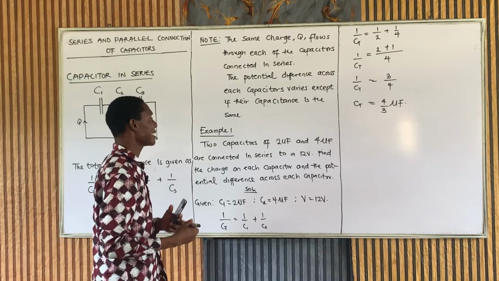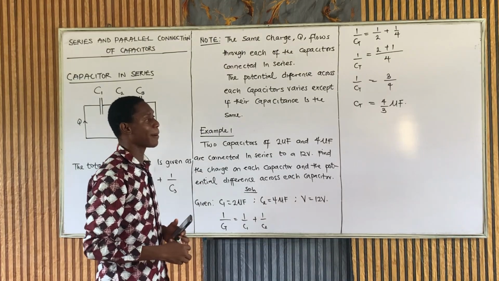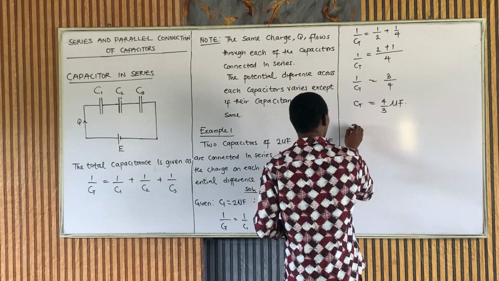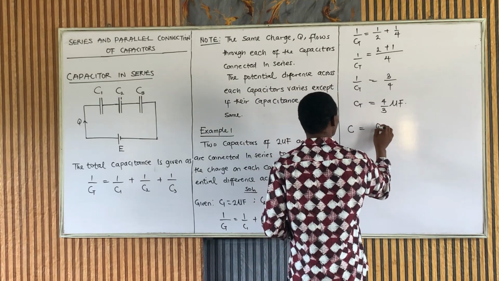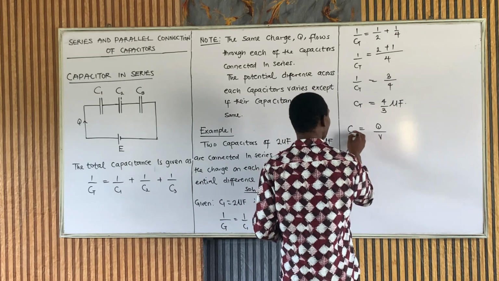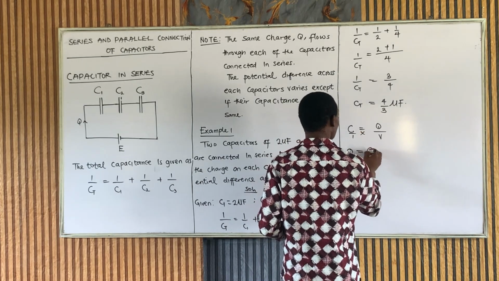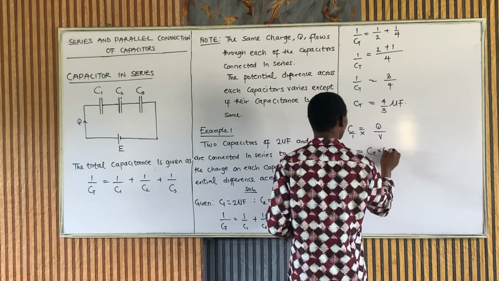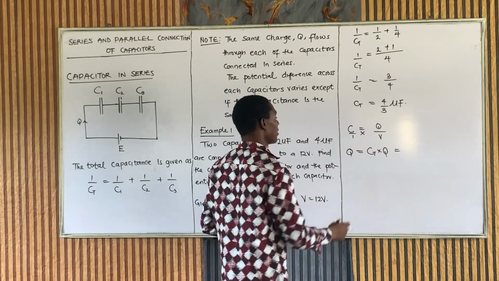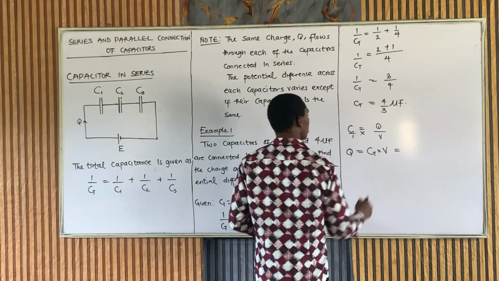Now we have to get the charge on each capacitor. Well, quite an easy thing. We know that capacitance is equal to charge over voltage. So in this case, if we cross multiply, we get Q is equal to C total times V. Then what's our C total?